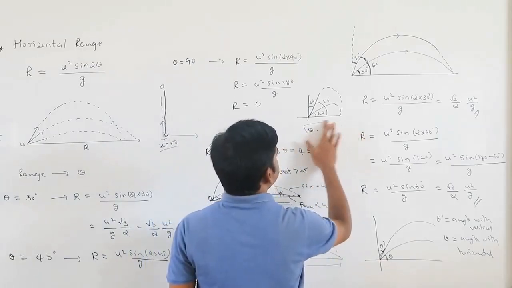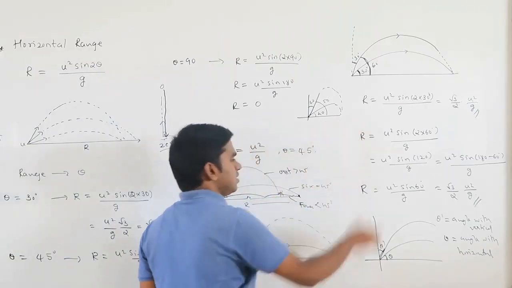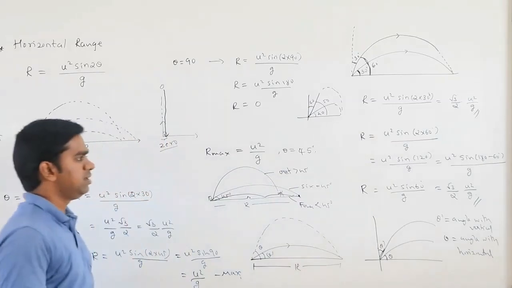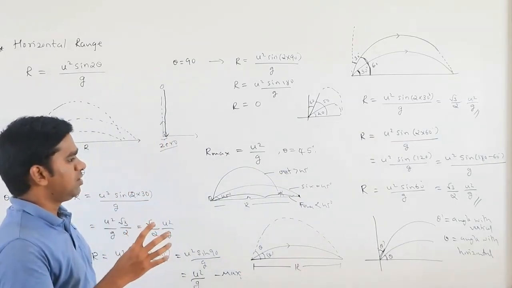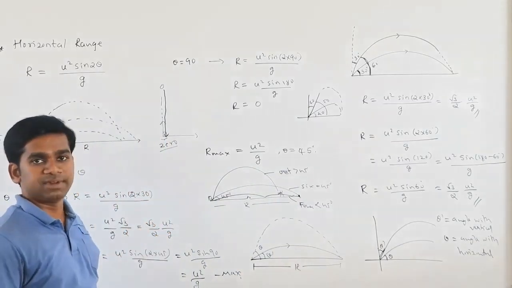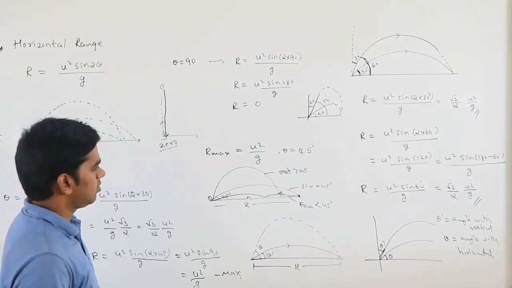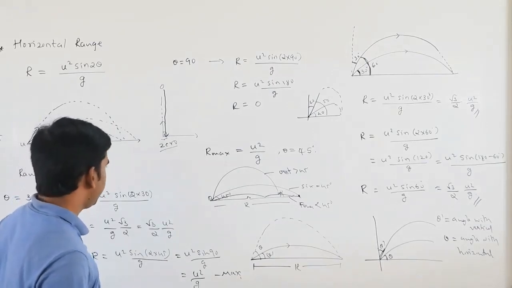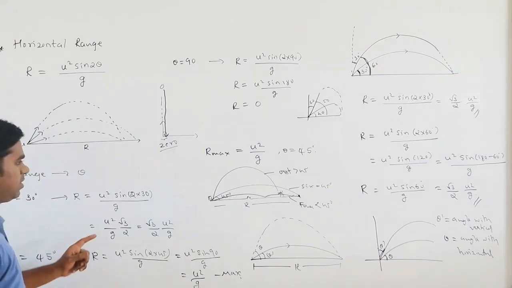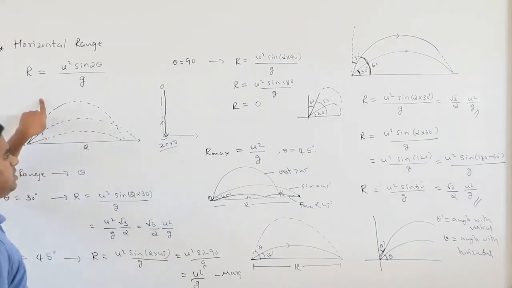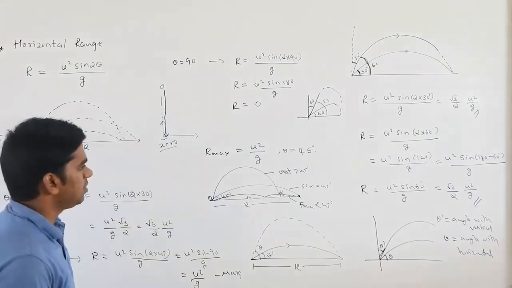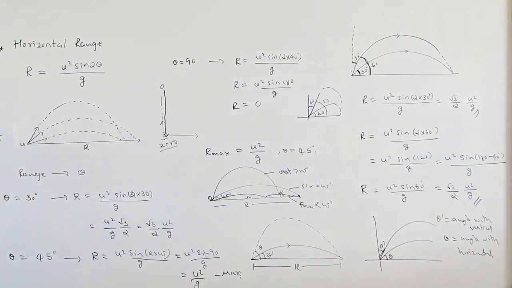We'll see that if they ask you to show that the horizontal range is same for two different angles, then we can discuss that. What you have to remember here is the angle for which the range is maximum, and when we get two angles giving the same horizontal range.